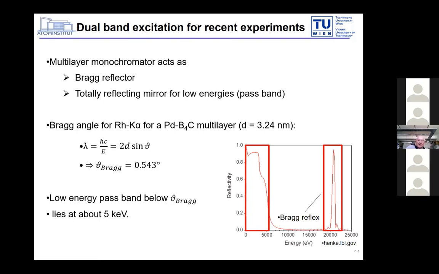So the dual excitation is extremely helpful when we have the excitation of higher Z elements and lower Z elements. In addition, and this is really important, we can do something else. We can play around with the excitation voltage.